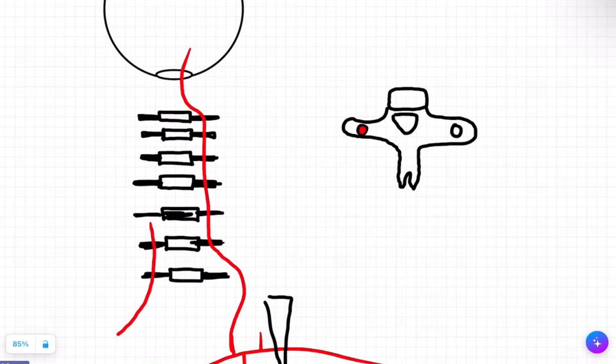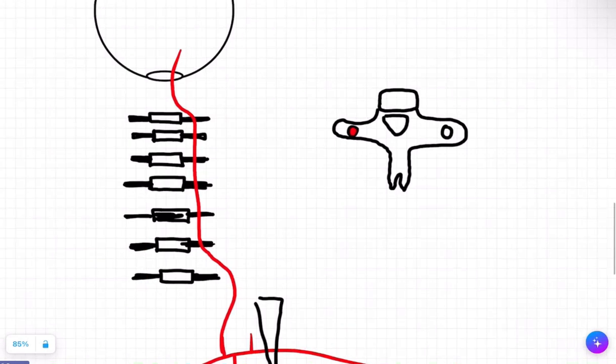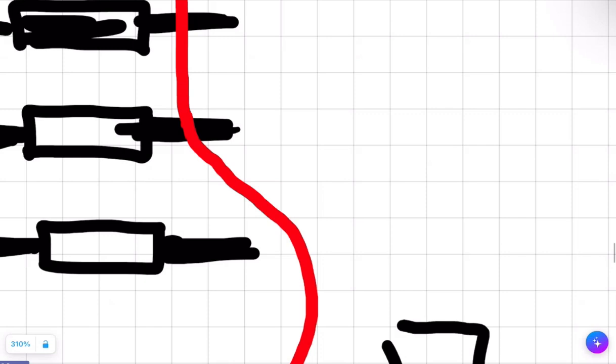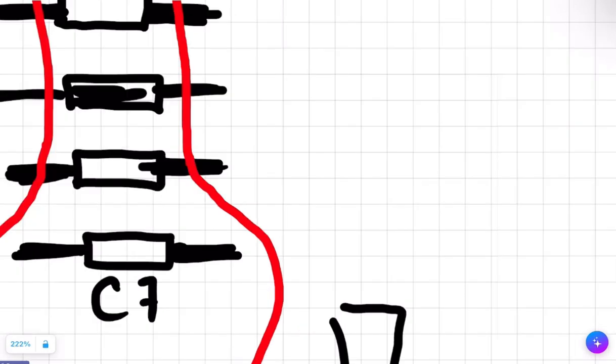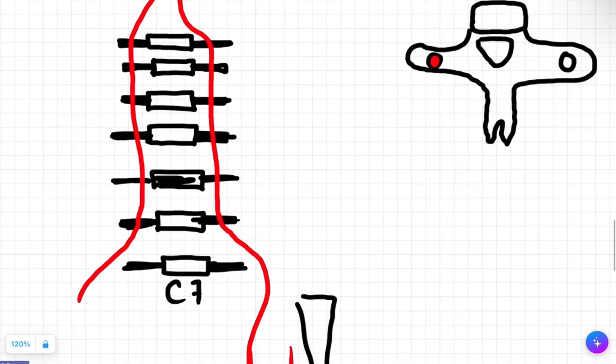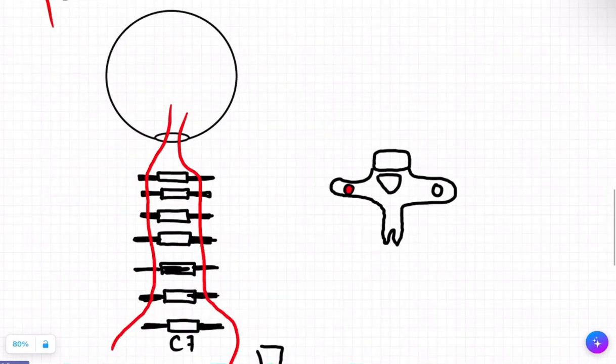Similarly, on the other side. Now, there are some things here that you have to remember, and I will tell you about them. First thing that you have to remember is that this will not pass through the seventh transverse process. Okay? Now you understand why it is called the vertebral artery?